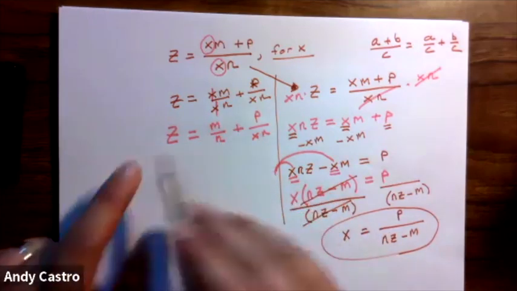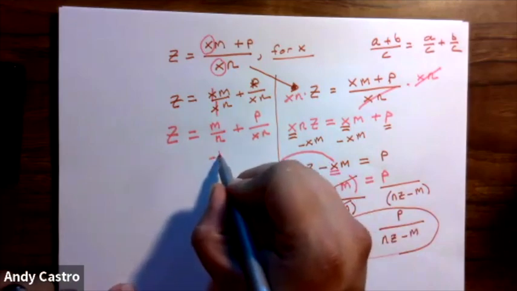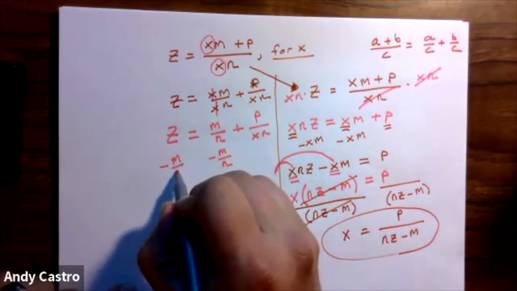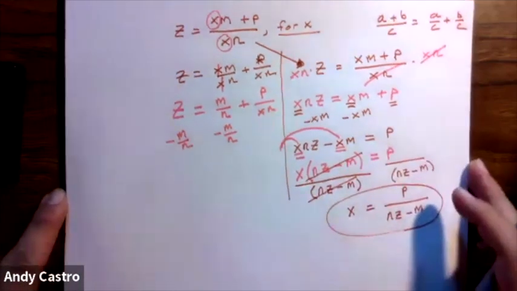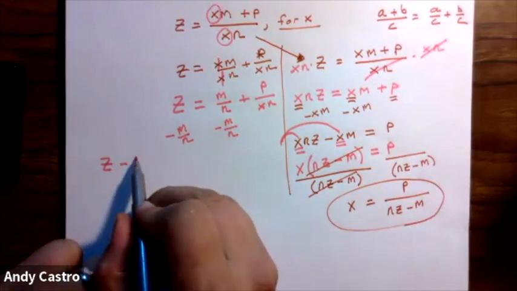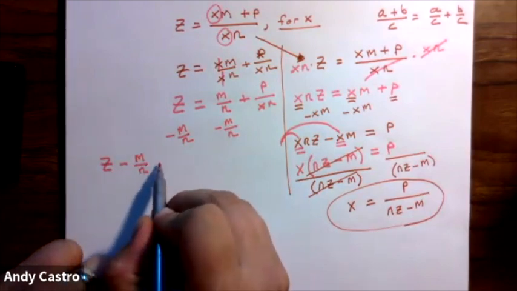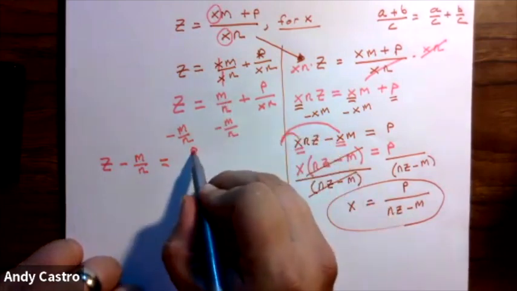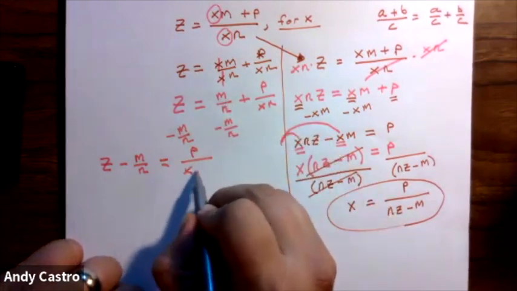I'm going to move that to this side, so I'm going to subtract m over n from both sides. And I'm going to get z minus m over n is equal to, these two are going to cancel, p divided by xn.